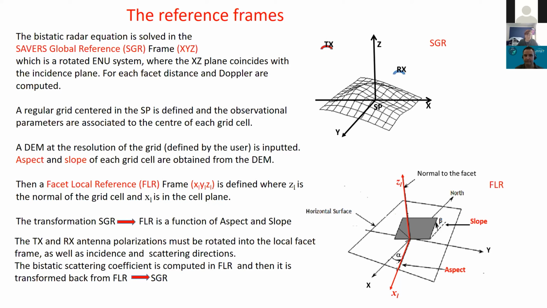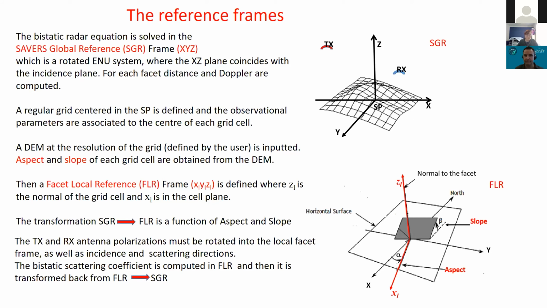In this same reference system, also a digital elevation model is defined at the resolution which is defined by the user. And the DEM allows calculation of aspect and slope of each facet in the global reference grid.